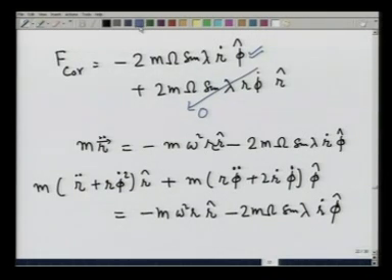Again, as I argued earlier, phi dot square is of the order of omega square. So, I am going to neglect it here, and therefore, my equations of motion in the r and phi directions become, this m is also going to drop out.